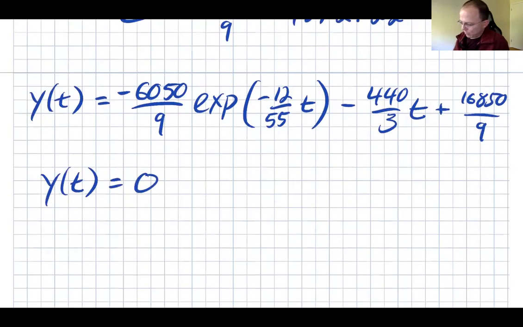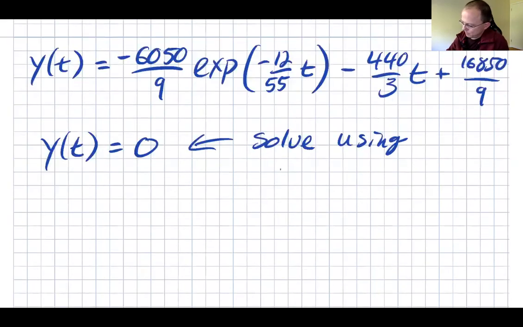And we want to solve that for t. Now, this is not an easy thing to do. So I think we're definitely going to want to use GeoGebra to solve this. So we'll see how that works. So let me switch over to GeoGebra and then we'll solve this.